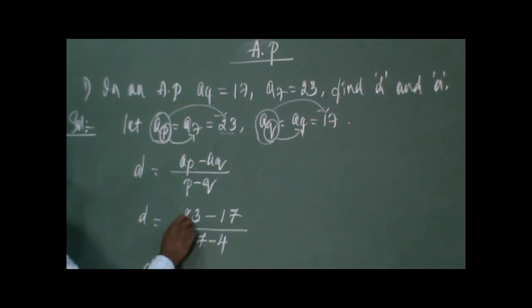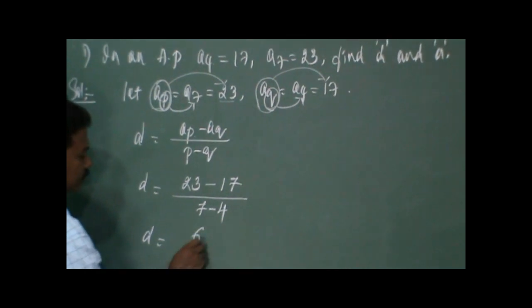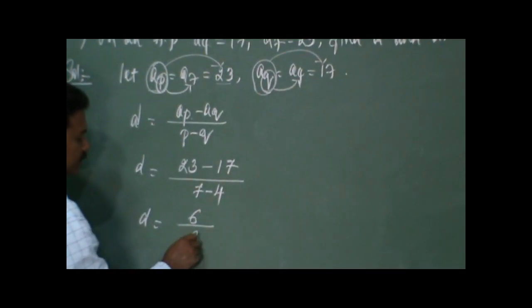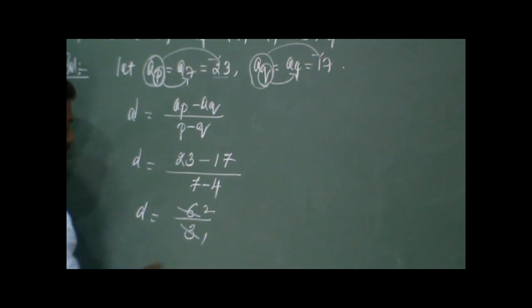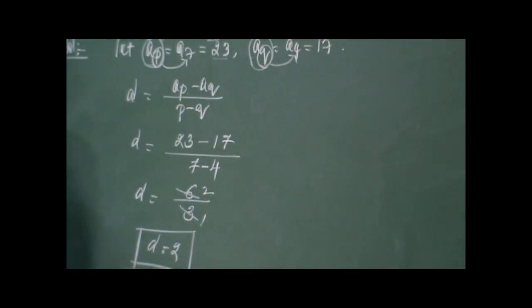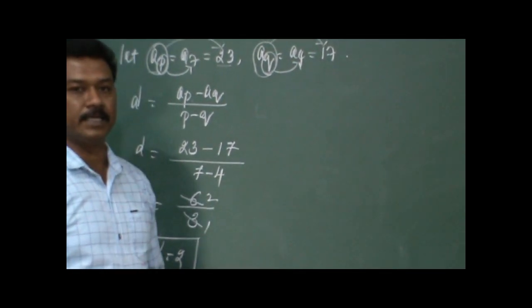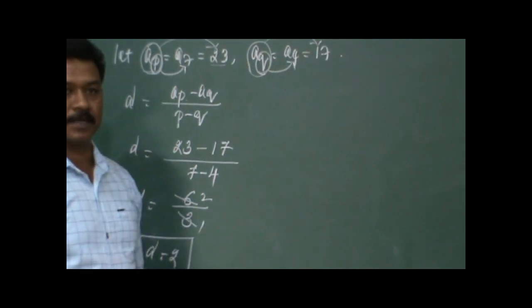So D is equal to 23 minus 17, that comes to 6, by 7 minus 4 is 3. 3 ones are 3, 3 twos are 6. So D is equal to 2. This is the simplest method in an AP to find out the value of D when two different terms are given.